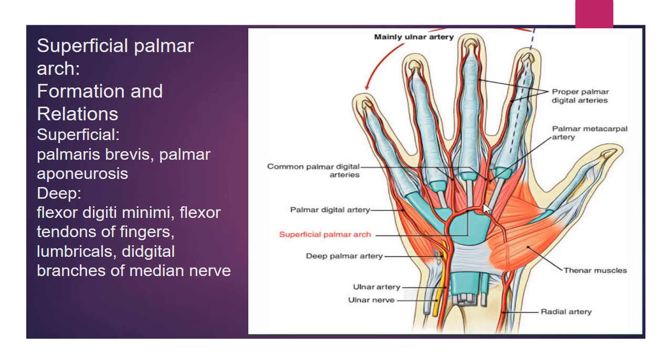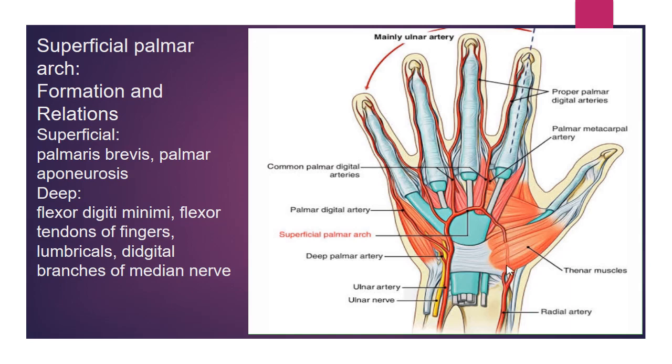Talking about the formation of this arch, the superficial palmar arch is formed by the direct continuation of the ulnar artery, this one, beyond the flexor retinaculum, and on the lateral side, it is completed by the superficial palmar branch of the radial artery, this one.